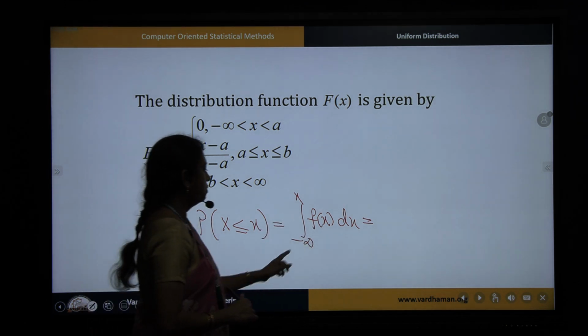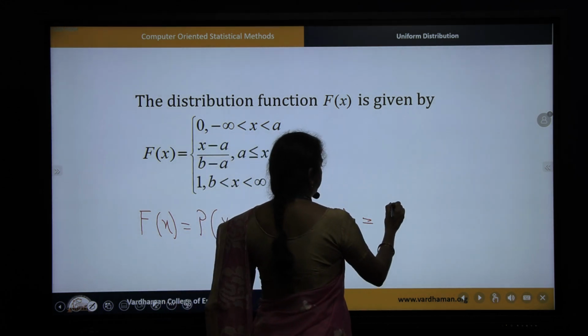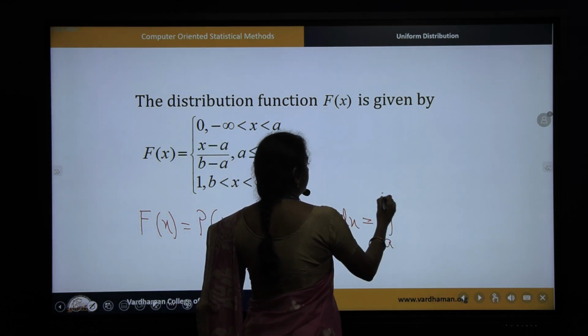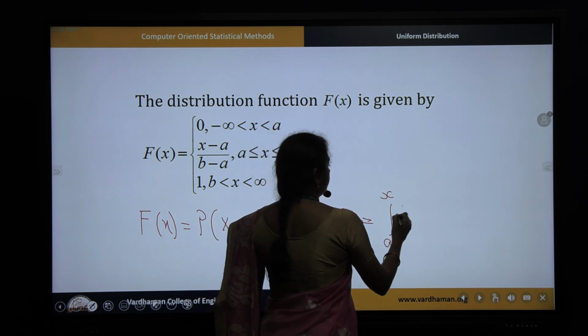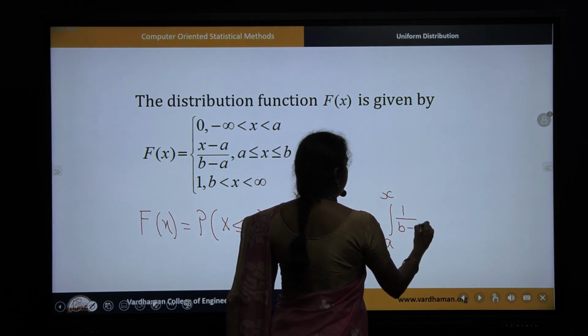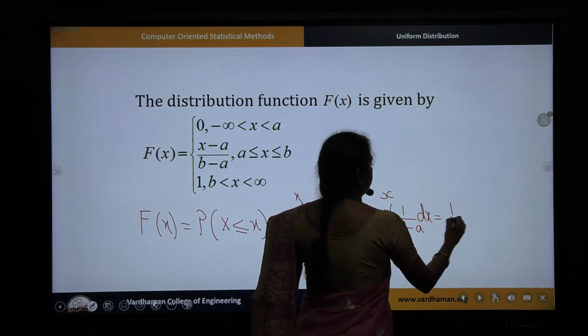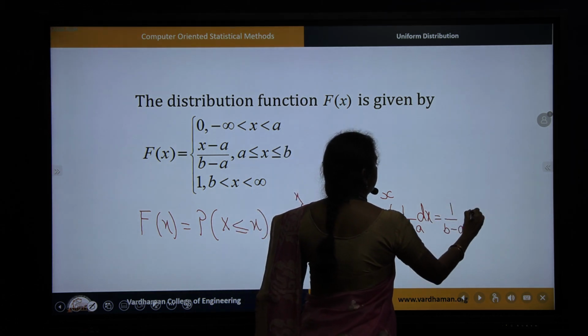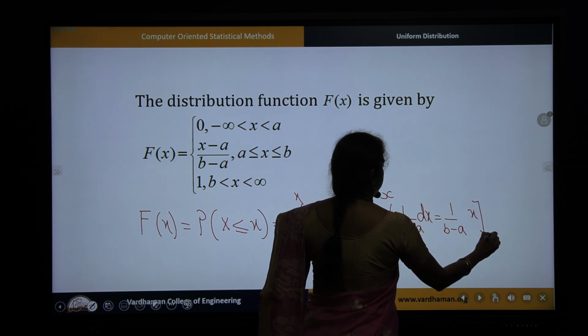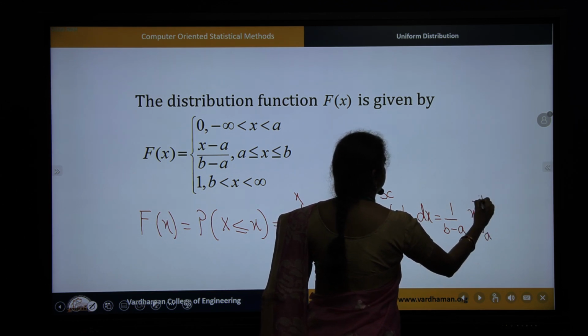Now here the lower limit is a, and the upper limit we'll take as x, and f of x is given by 1 by b minus a dx. So this is equal to 1 by b minus a times x between limits a and x.